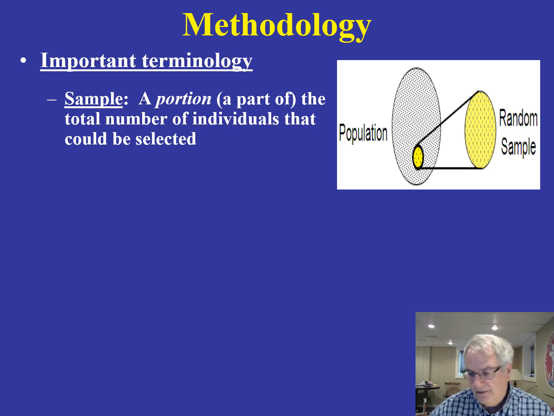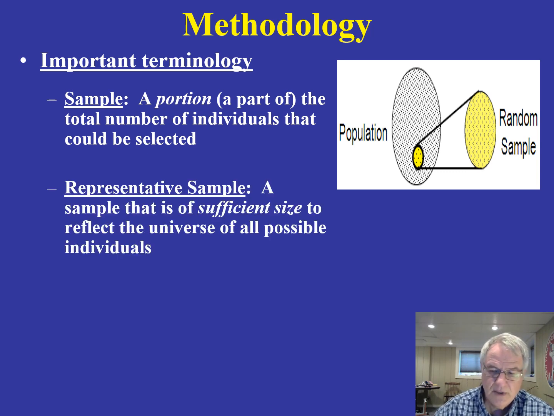Now, if we were doing a study here in the United States, a country that consists of 360 million people, it's not like we can go and test all of those individuals in terms of the experiment that we want to do. So we're going to use a portion of those individuals, a sample, a part of the total number of individuals.